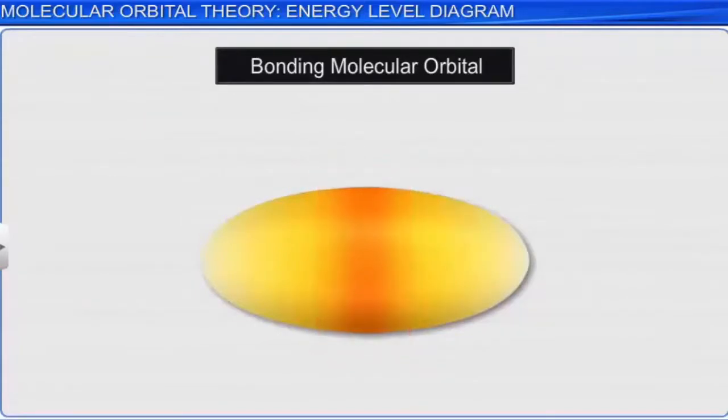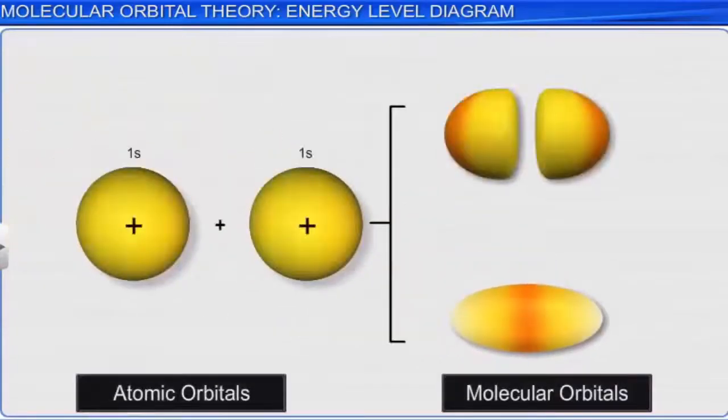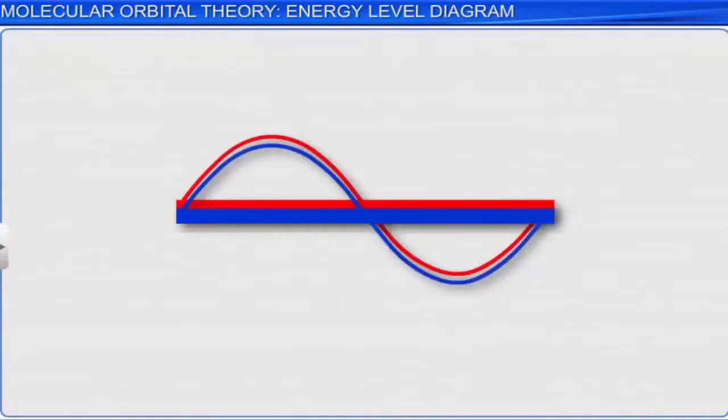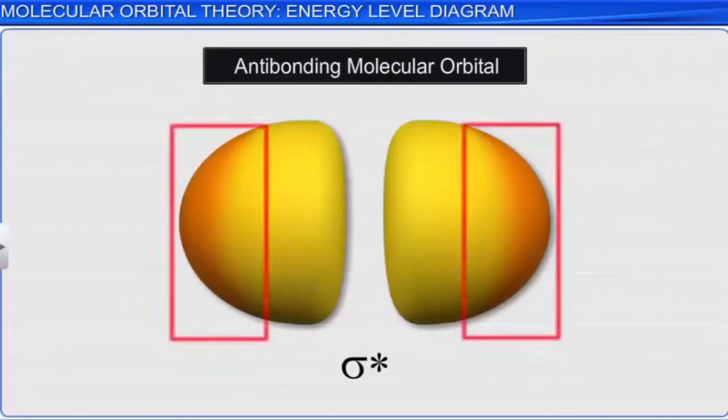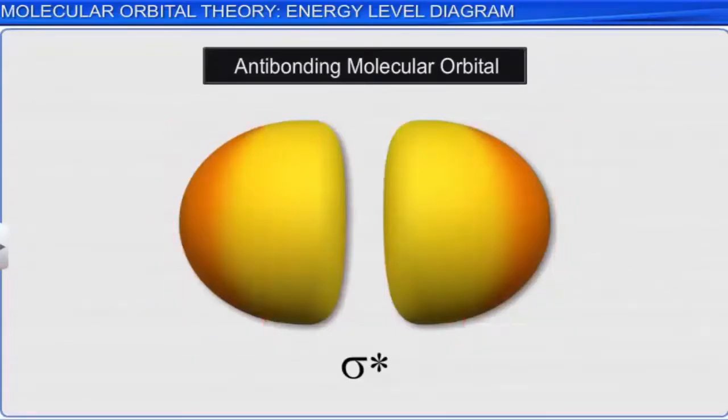This stabilizes the molecule. The molecular orbital formed due to destructive interference is called an antibonding or sigma star molecular orbital, as the electrons belonging to it are placed away from the region between the two nuclei. This increases their energy, thus making the molecule less stable.